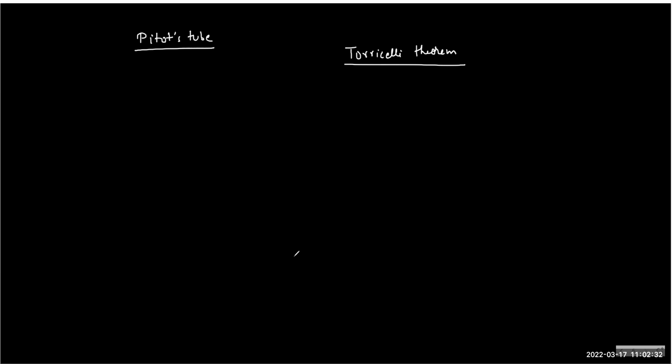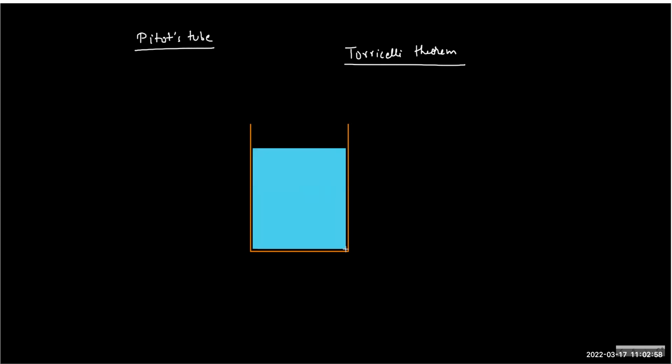Okay. So he said something about how liquid will move through a really small hole called an orifice. If we have a container open at the top, and you pour some liquid, and let's say you make a hole at the bottom, the liquid will fall.